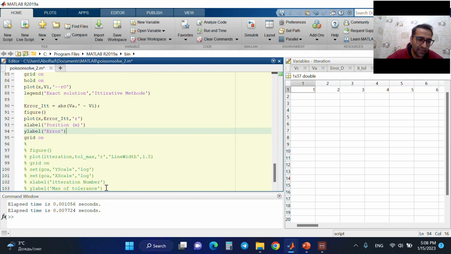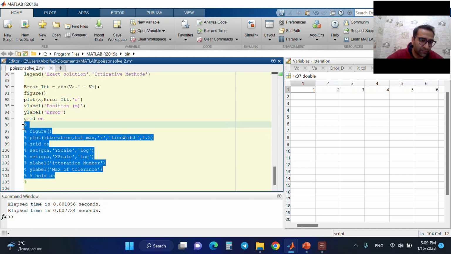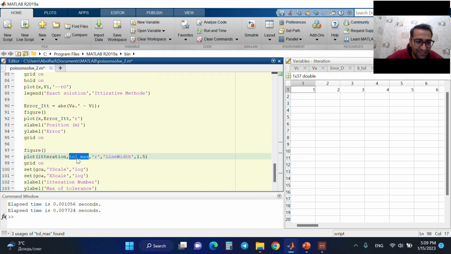Okay, again I define these comments, Control T, again a new figure, and I plot the maximum of iteration tolerance, which I defined as tol_max, and plot it versus iteration, that is the iteration number.